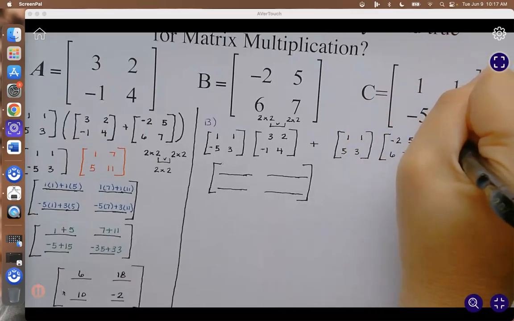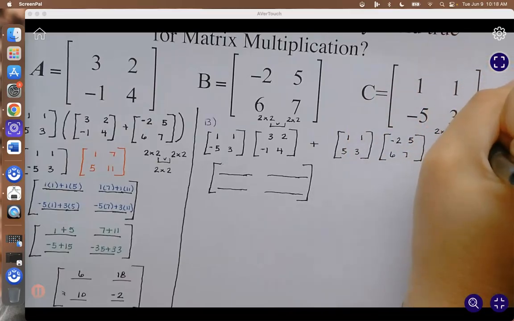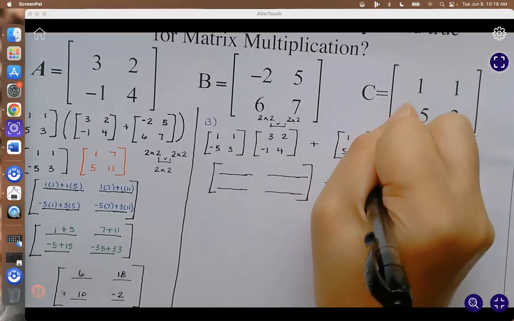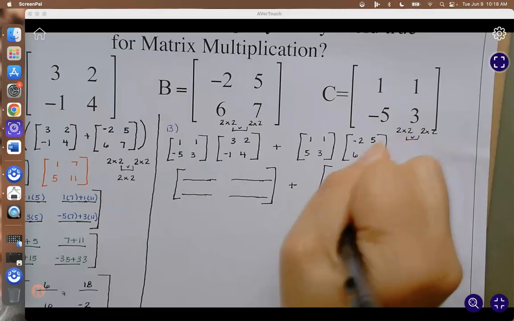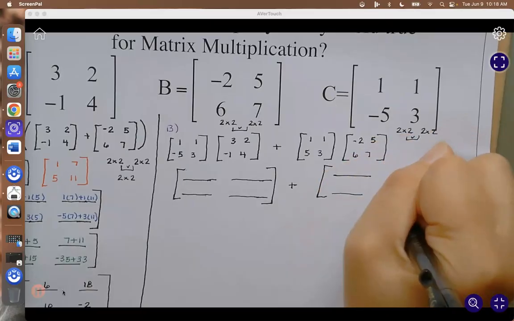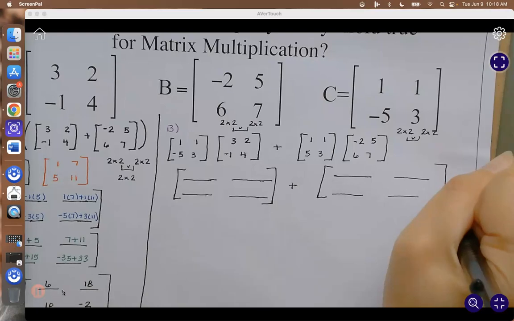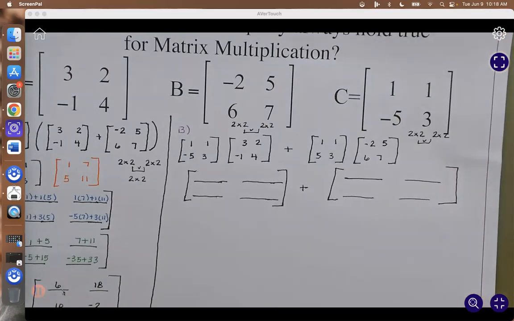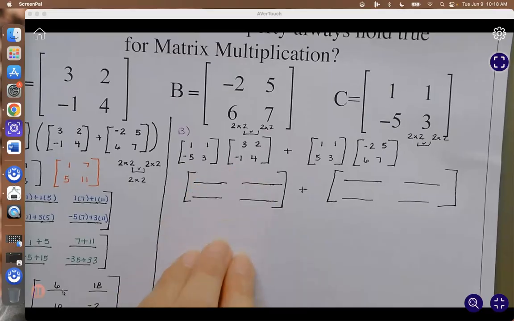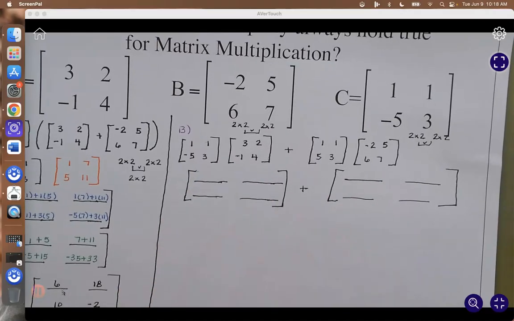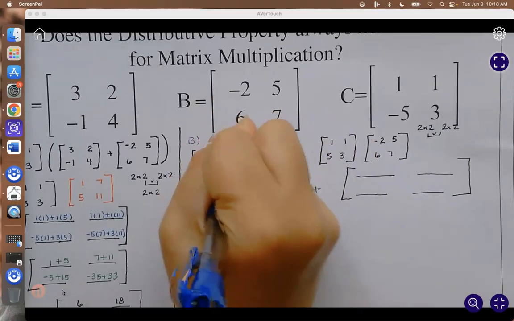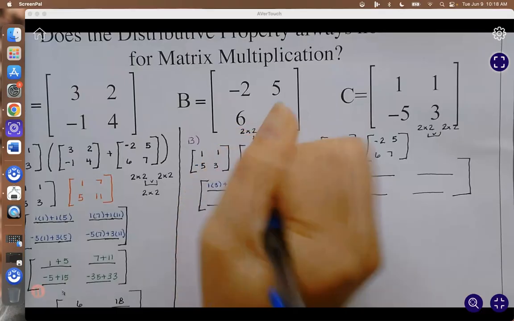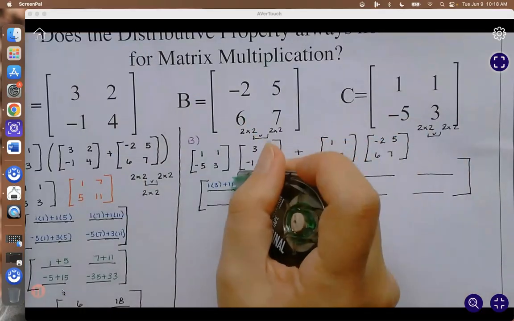Same thing here, 2 by 2, 2 by 2. Okay, but we're just going to work all of this one first, then all of this one, then add them together. All right, so here we go. So we have 1 times 3 plus 1 times negative 1.